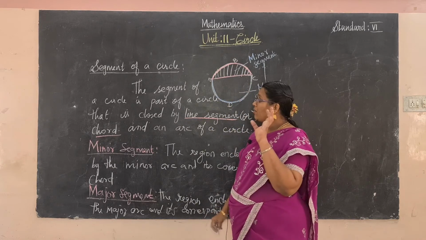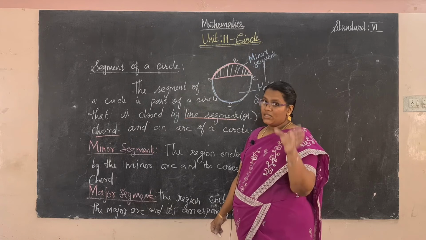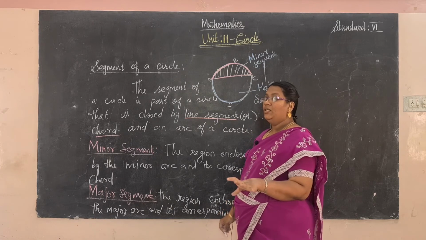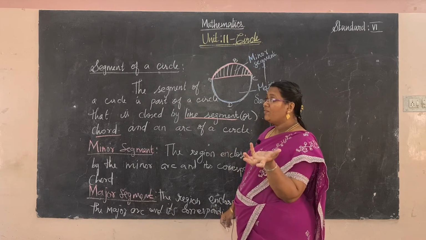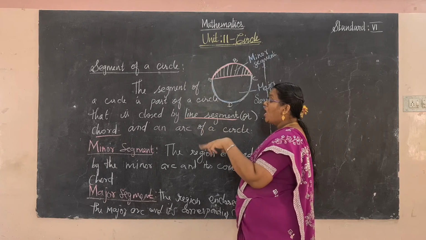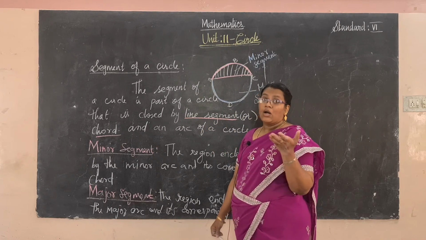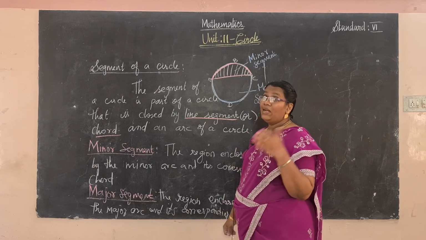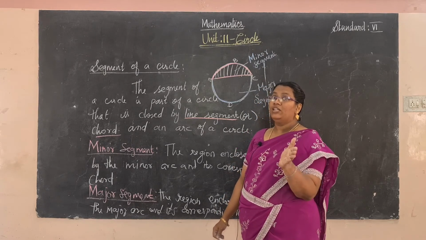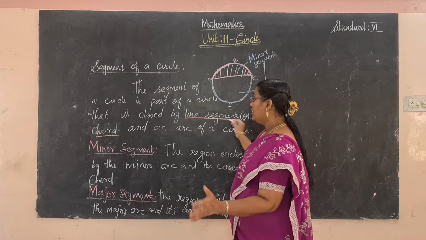An arc of the circle is also a part of the circle. What is the difference between the arc of the circle and the segment of the circle? An arc does not have any enclosed chord, but a segment is enclosed by the chord. That is the difference.